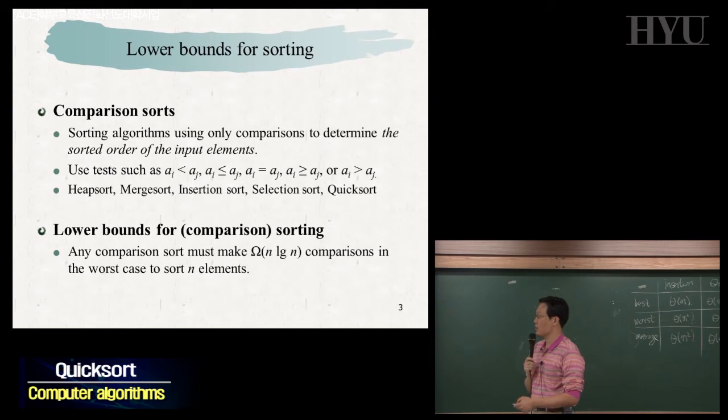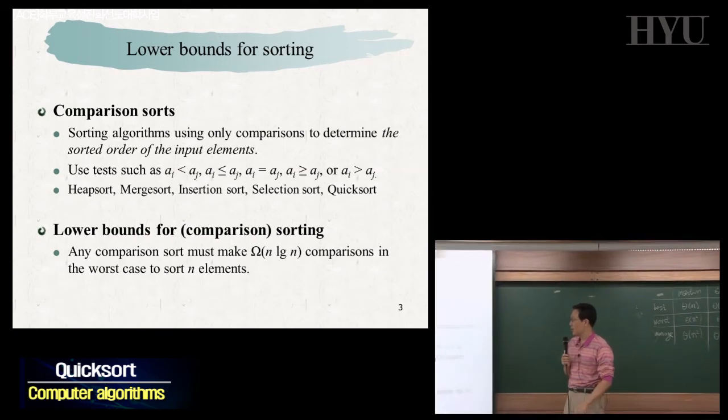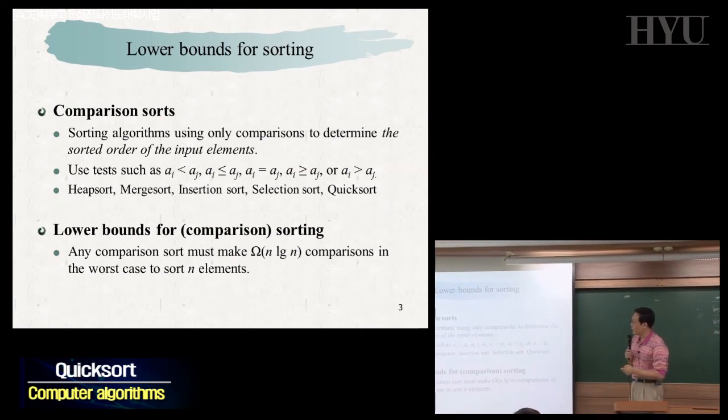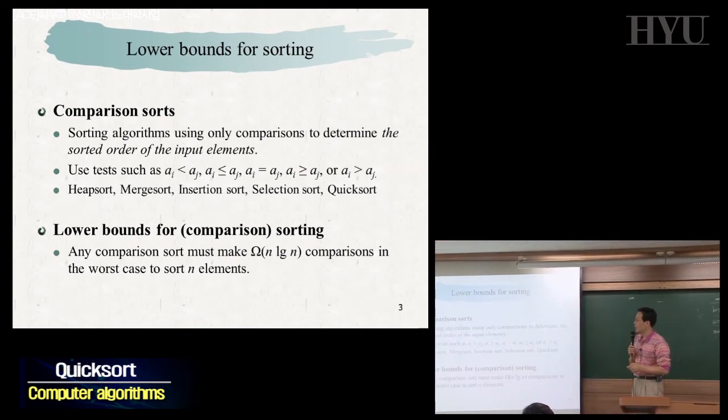Comparisons are like this. Comparison tests just compare two numbers. There are 5 types of comparisons: to test if one is smaller than the other or not, or to test if one is less than or equal to the other or not, and to test if they are equal or not.